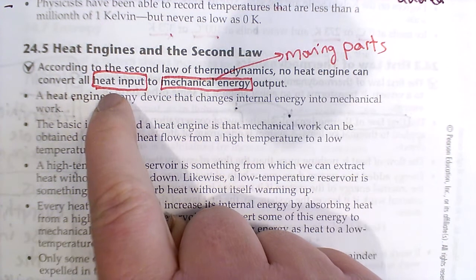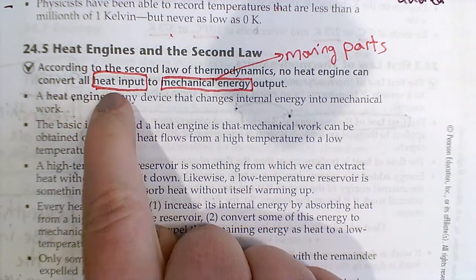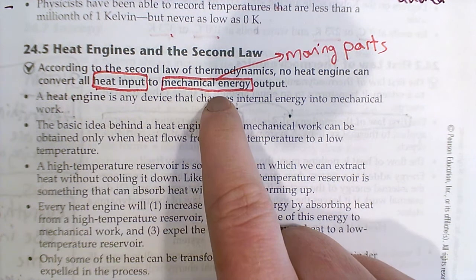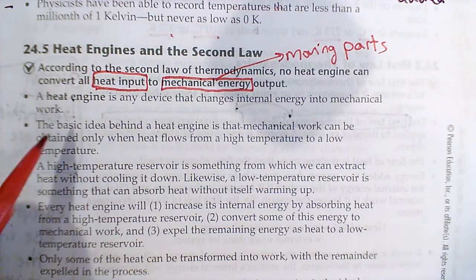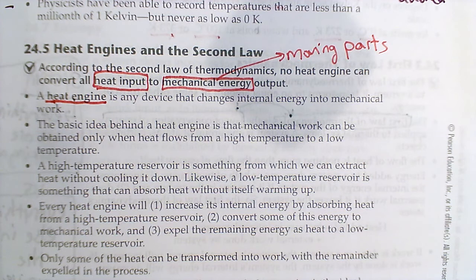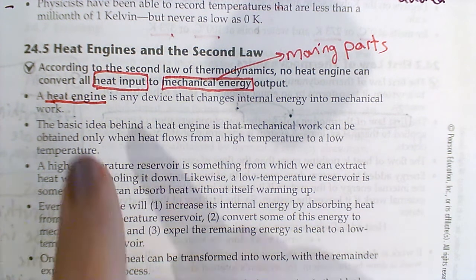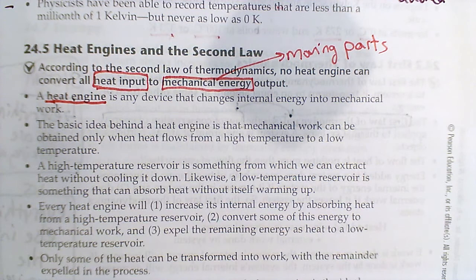And we have heat input from the combustion of the gasoline, and so we're trying to take that heat and turn it into motion. But it's not perfect. A heat engine is anything that tries this, and they have success, right? We can take that heat and use it to move stuff, but there is some waste involved here.